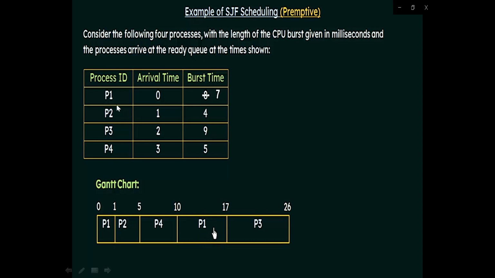Now we have P1 and P3. P1 has lesser burst time as compared to P3, so the CPU is allotted to P1, and the burst time of P1 is 7. So P1 executes from the 10th unit of time to the 17th unit of time, and finally P3 is executed. Okay, I think the Gantt chart is clear to everyone.